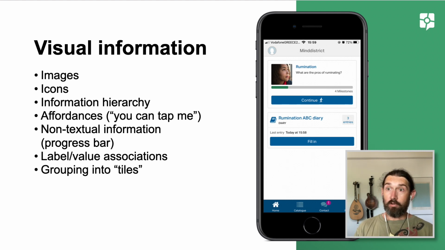So what I tried to do looking at this page is to list all the things that I can learn from looking at it that are not present in the textual information which is by default available to a tool like VoiceOver. So VoiceOver is a screen reader. It will read out whatever text is on the page, by default. Minddistrict, rumination, what are the pros of ruminating, 4 milestones.